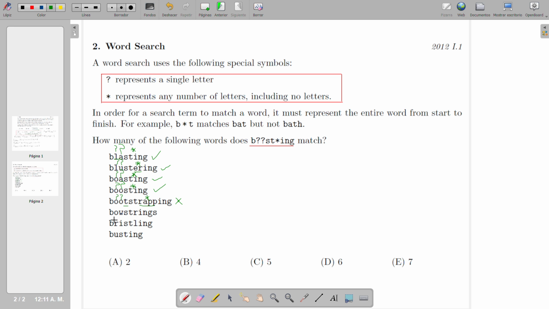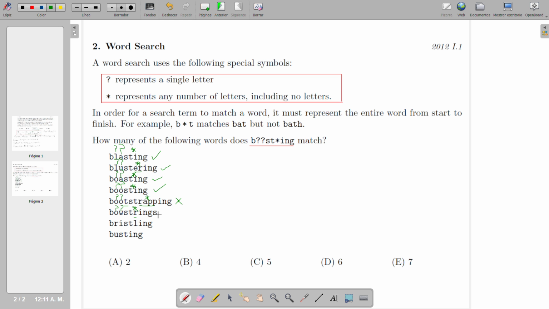The following word is bowstrings. We have O and W could be represented by a question mark. Then we have ST, R, I, R that could be represented by an asterisk.